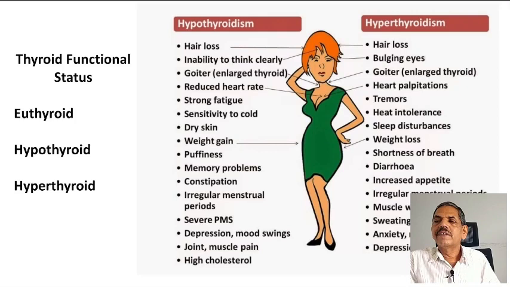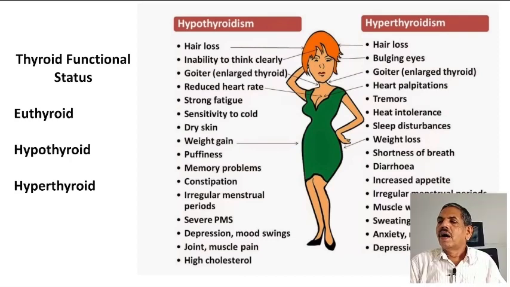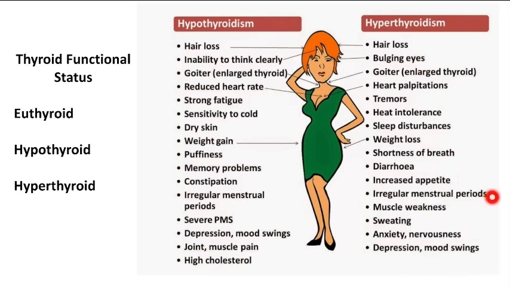And hyperthyroidism signs are hair loss, exophthalmos or bulging of eyes, goiter, palpitation, and usually along with that there will be tachycardia, sometimes irregular pulse, tremors, heat intolerance, sleep disturbances, weight loss, shortness of breath, diarrhea, increased appetite, irregular menstrual period, muscle weakness, sweating, anxiety, nervousness, depression, and mood swing.